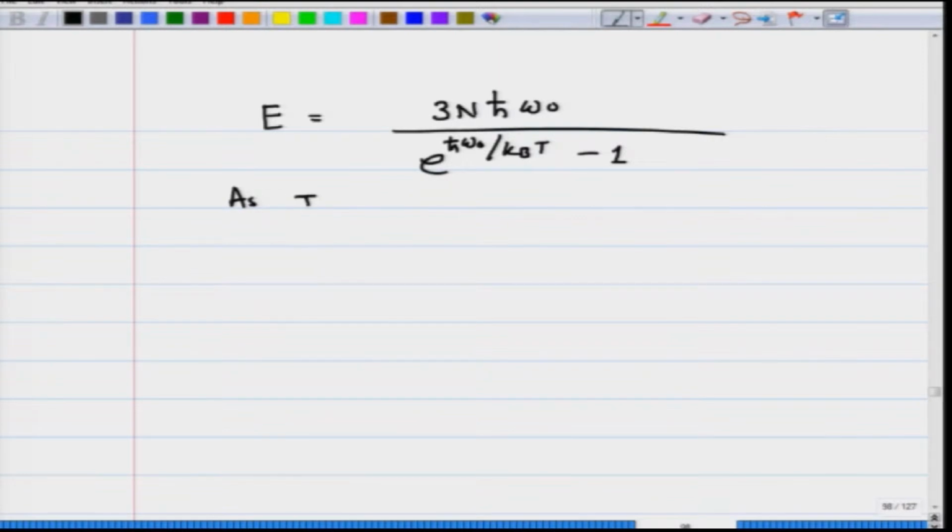As T goes to 0, e raised to ħω₀ over k_B T goes to infinity.